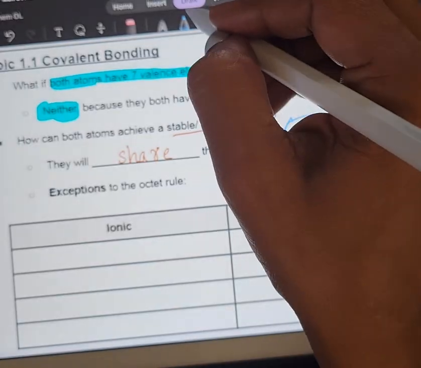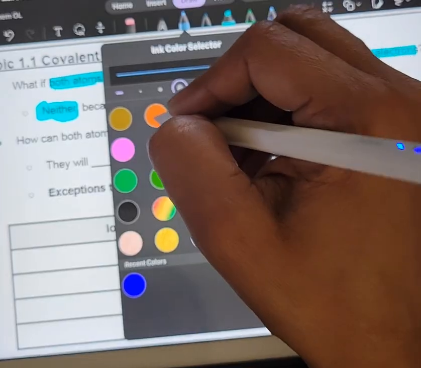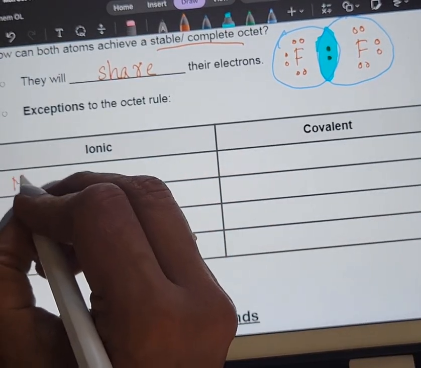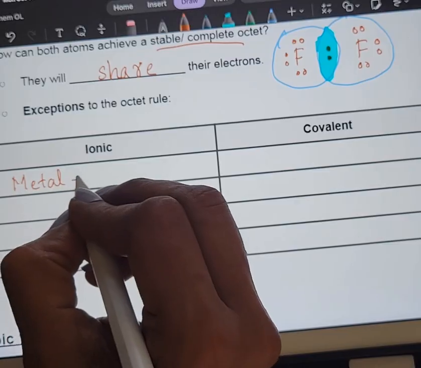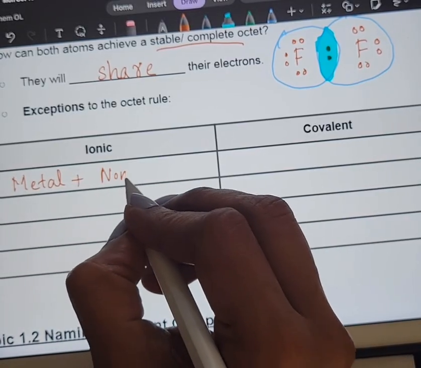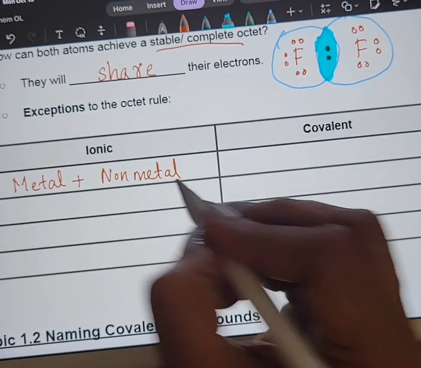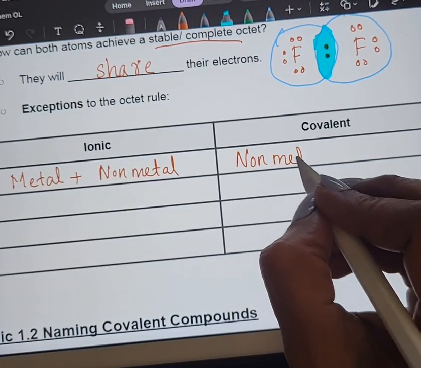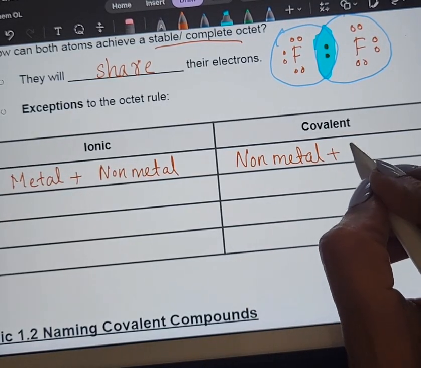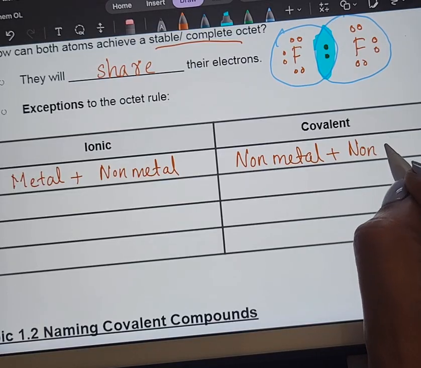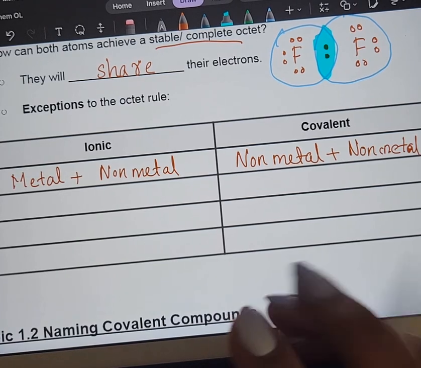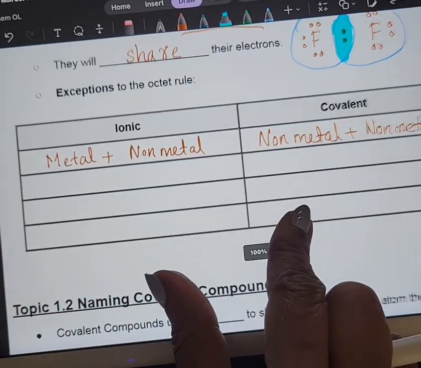Let's compare and contrast ionic and covalent bonds. Ionic is formed between metal and non-metal. But a covalent bond is between only non-metals.